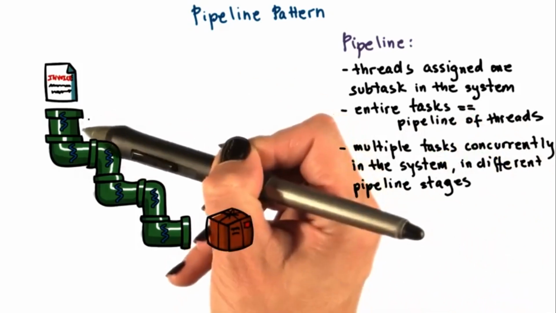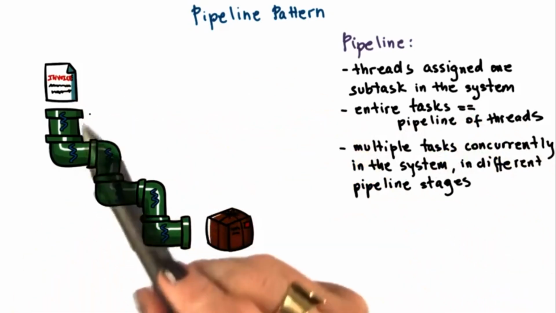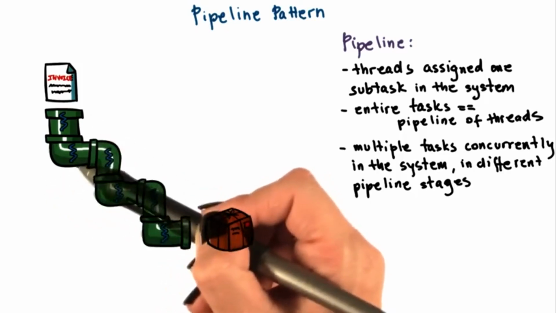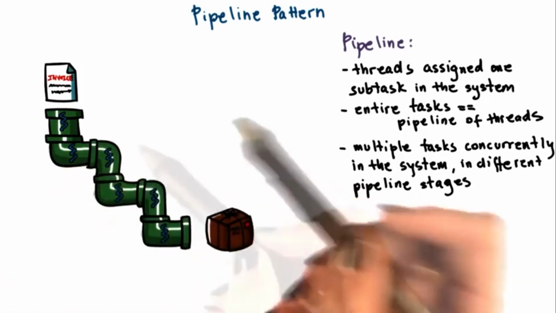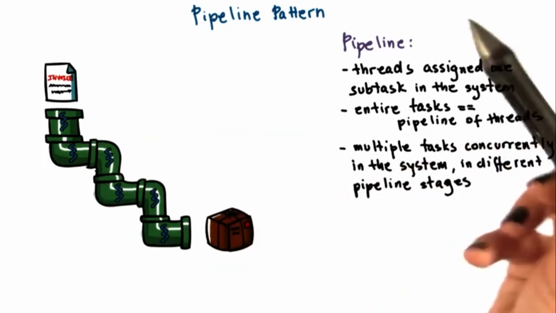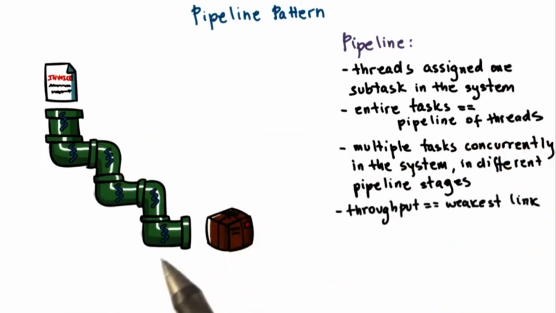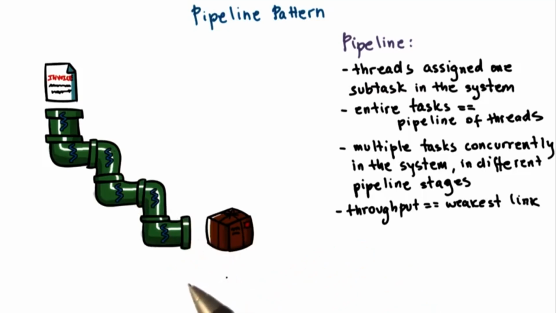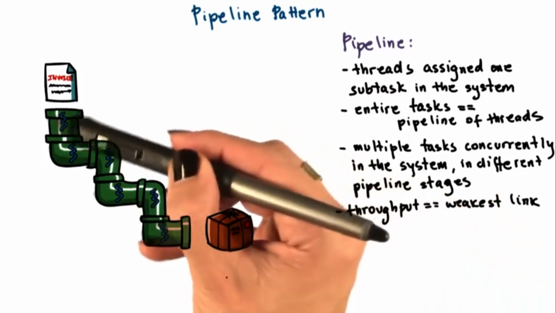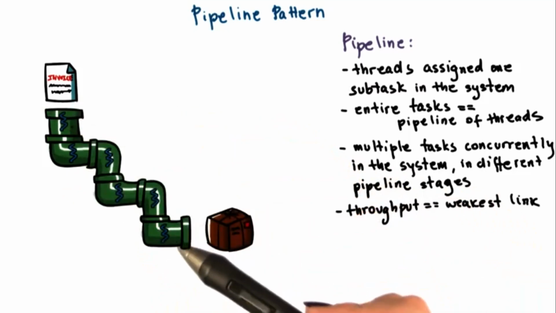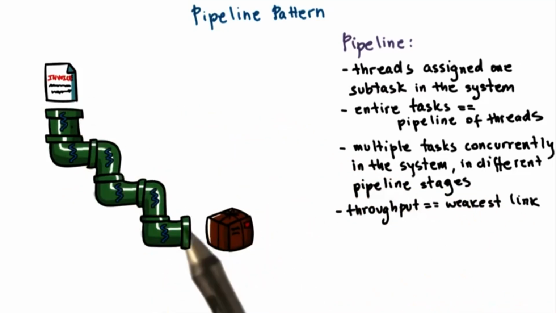So one worker can be accepting one toy order, another worker can be performing the parsing of the order for another toy, a third worker can be cutting the wooden pieces for yet another toy, and so forth. The throughput of the system overall will clearly depend on the weakest link, the longest stage in the pipeline. Ideally, we would love it if every single stage of the pipeline takes approximately the same amount of time, but sometimes it just may not be possible.